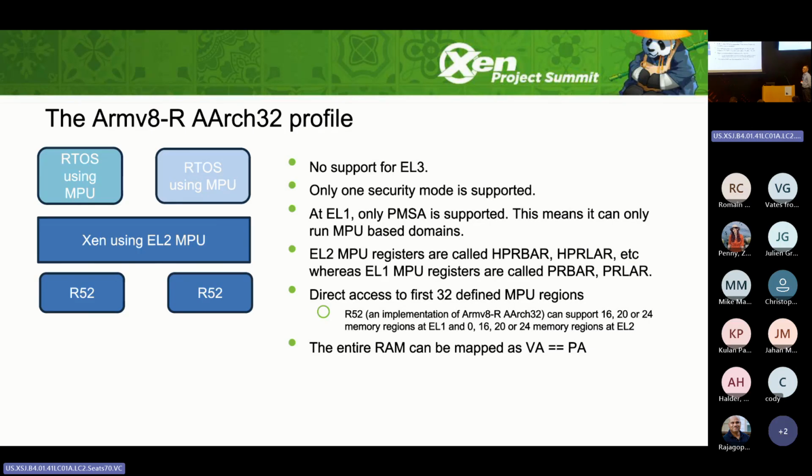That's something we are thinking about how to address, because in the case of R52, you have a safety critical system which will only run a minimal set of VMs in EL1 mode, and each VM will be tied to a particular core. So do we really need a dynamic memory mapping for the domains in the case of EL2? That's something that we are working out.